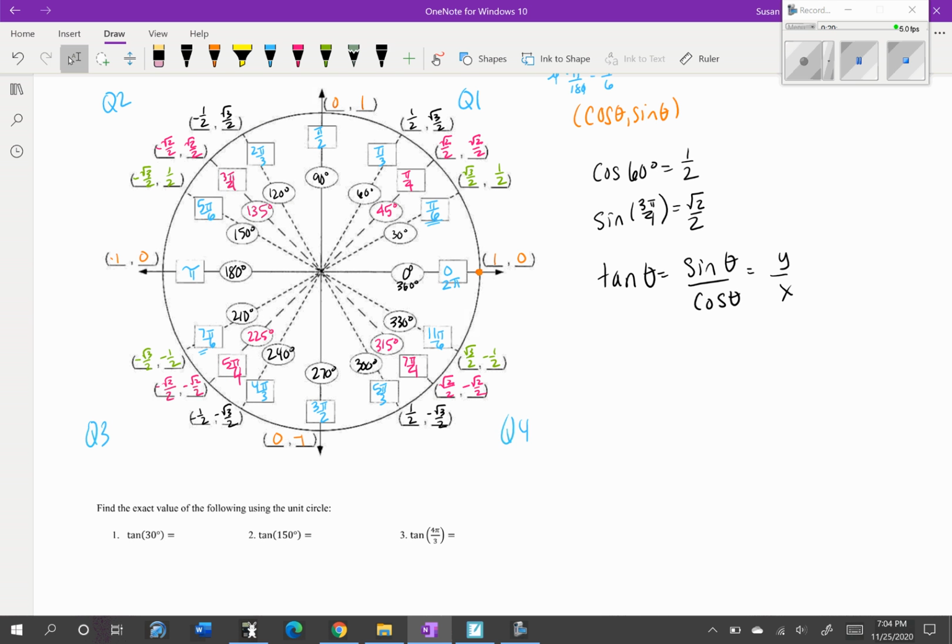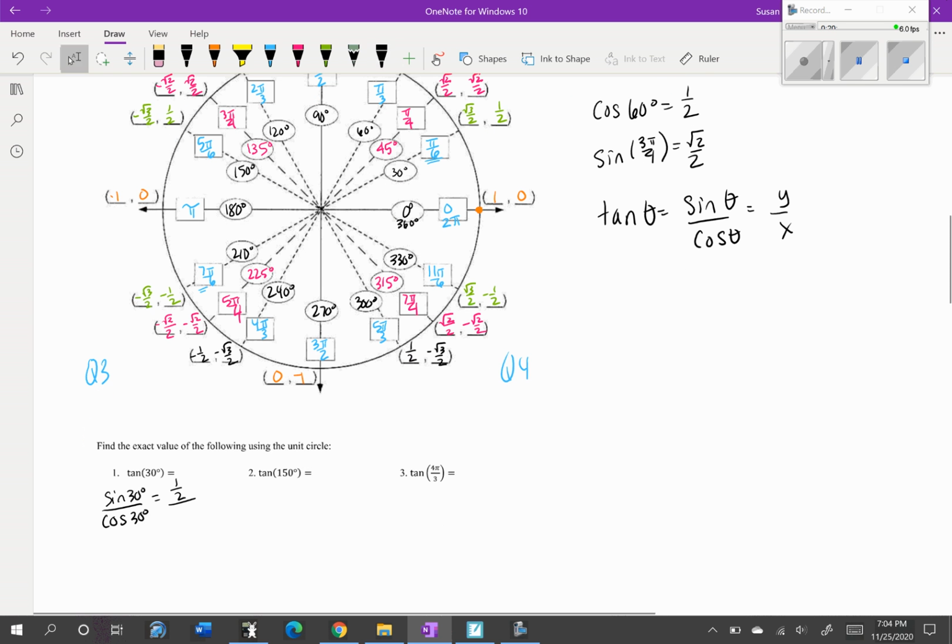So if I wanted to find the tangent of 30 degrees, I would do the sine of 30 degrees divided by the cosine of 30 degrees. So sine of 30 degrees is 1/2. Cosine is equal to root 3 over 2. So if you have a fraction divided by a fraction, you keep, change, flip. So keep the 1/2, change to multiplication, and flip.